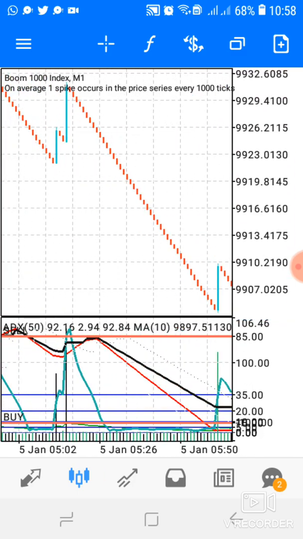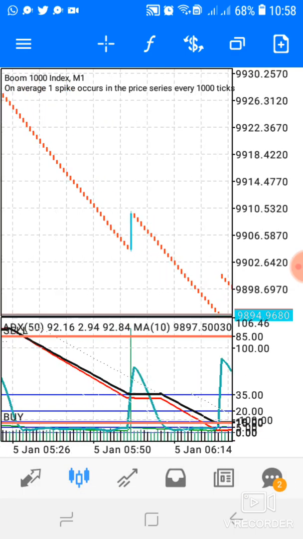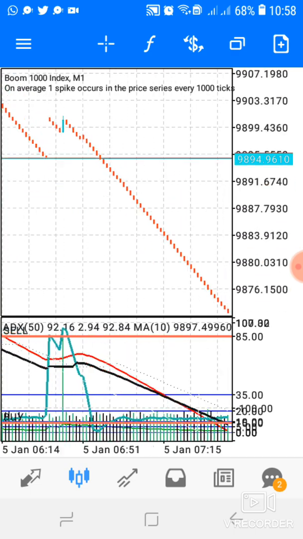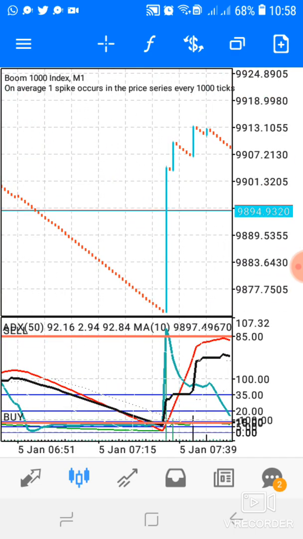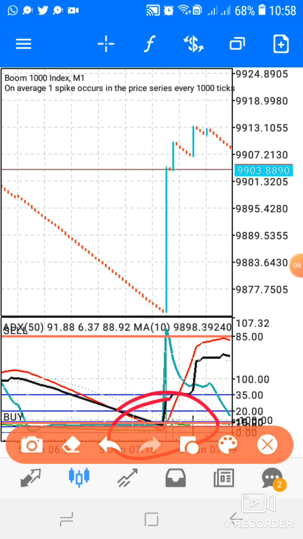You see here, it hit the sell level. Therefore, a person had to sell and hold until it hits this line here. After it has hit the line, you then buy.